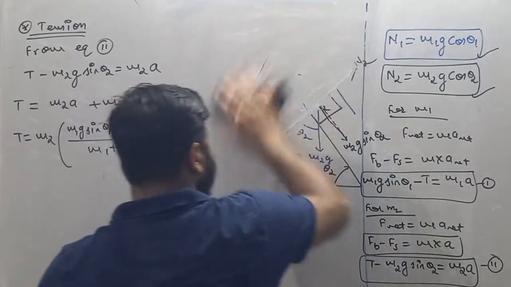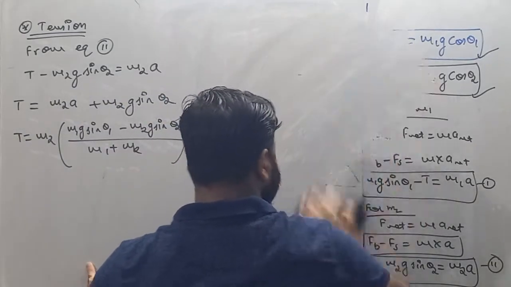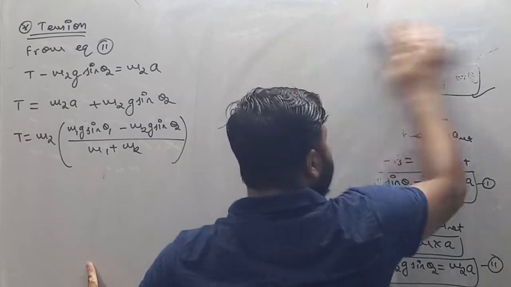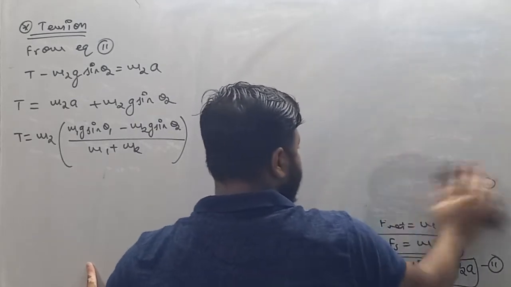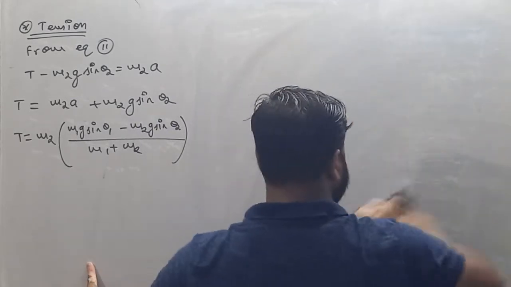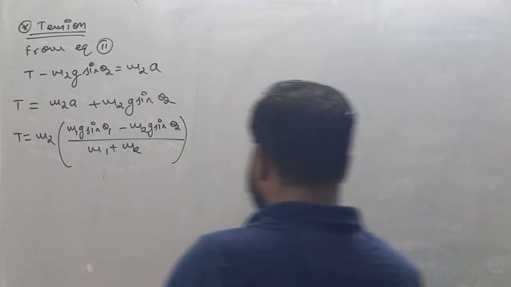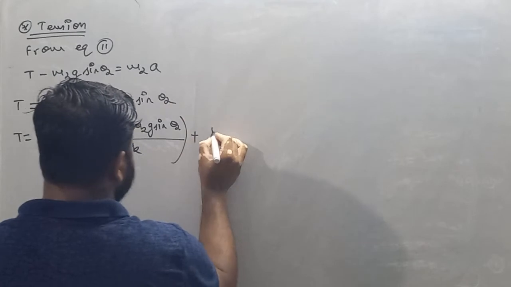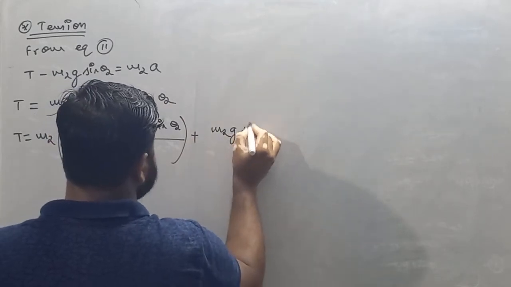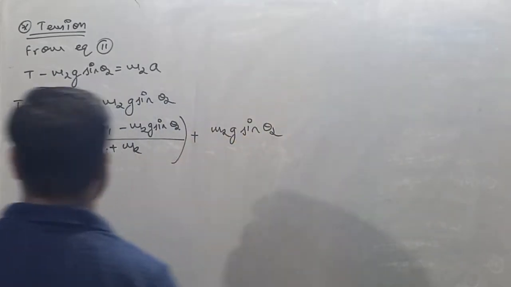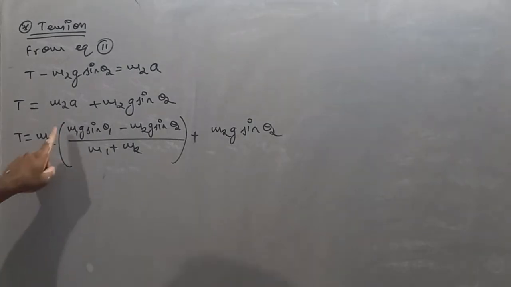plus what will we get, my dear student? We'll get plus m2g sine theta 2. So here it is m2.